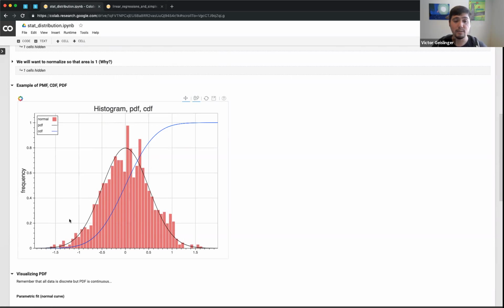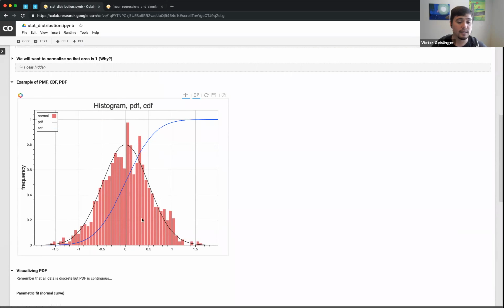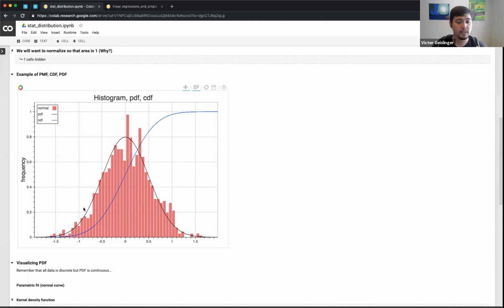It can be parametric, or it could be through our KDE, our kernel density estimate. So there's a couple ways we can do those functions. Those tend to be much smoother versus a discrete one, which is the PMF. And then our CDF, which is related to the PMF, basically just adds up to 1. So essentially, it makes it easier to visualize what this distribution is versus looking at every little part.